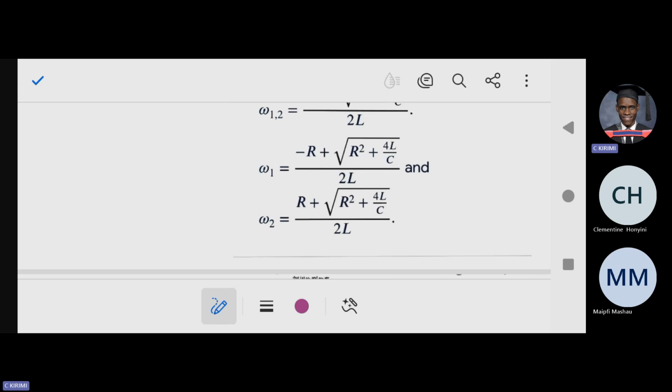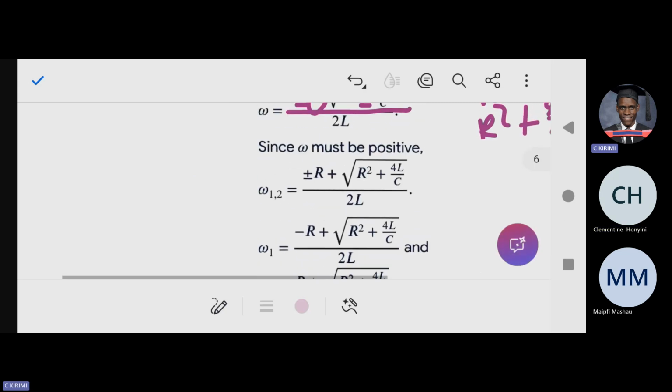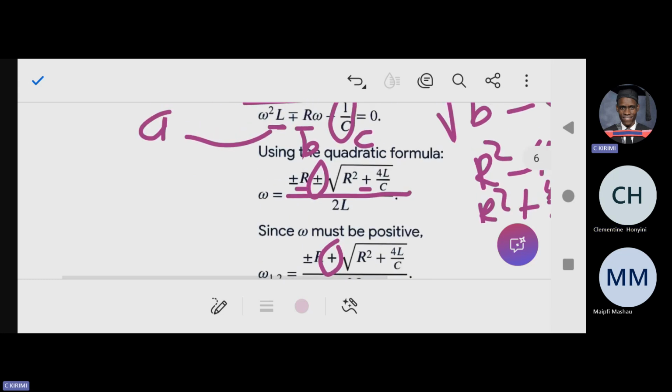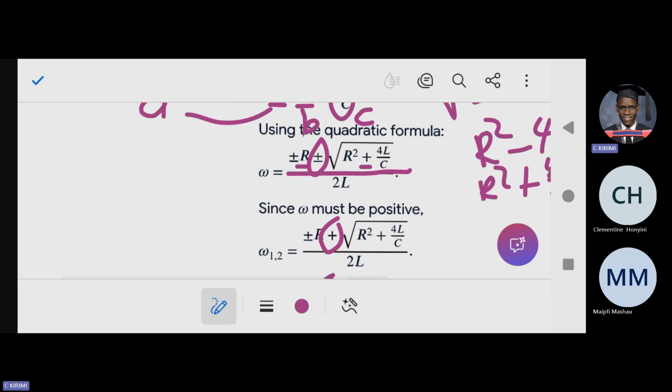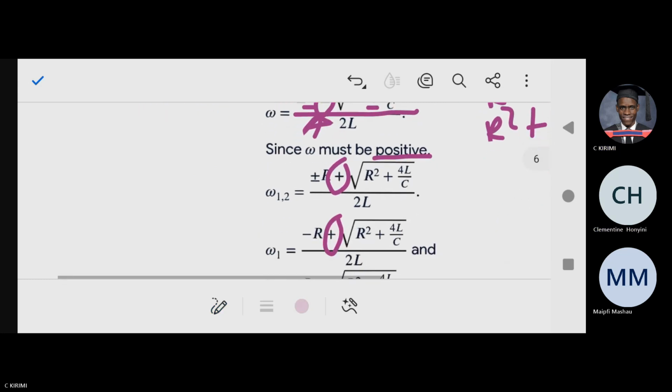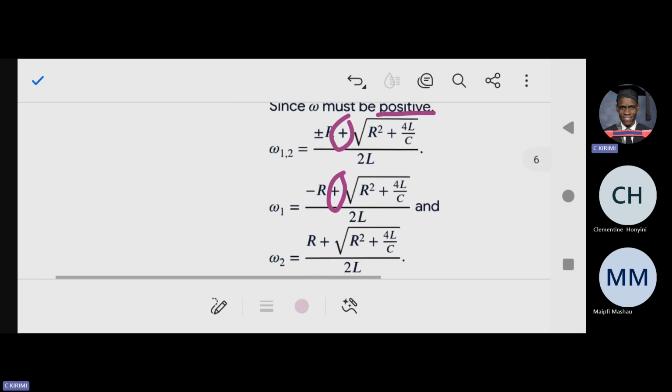Here the R is supposed to be positive, and also here the R is going to be positive, because omega must be positive. So we disregard the negative in the plus or minus. You only remove the negative because omega must be positive. Then we are left with those two solutions.